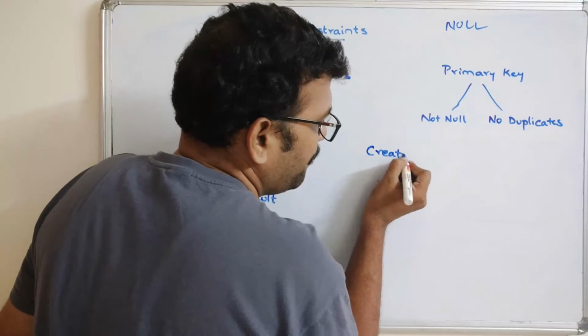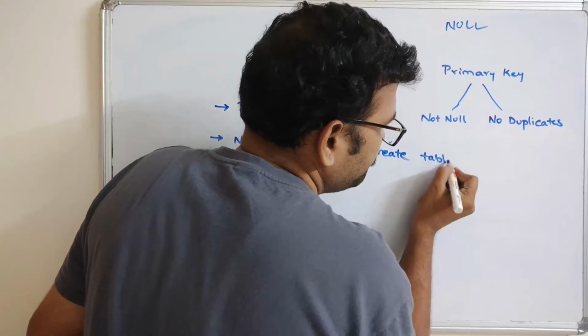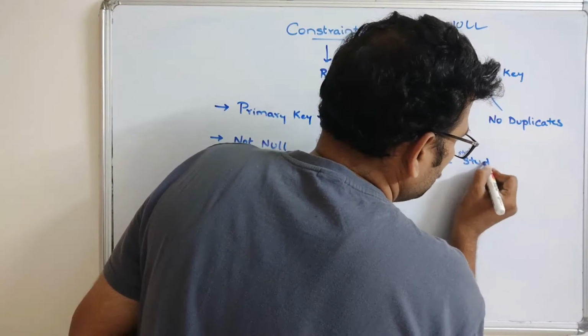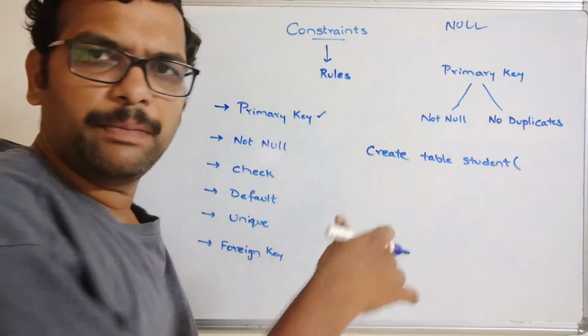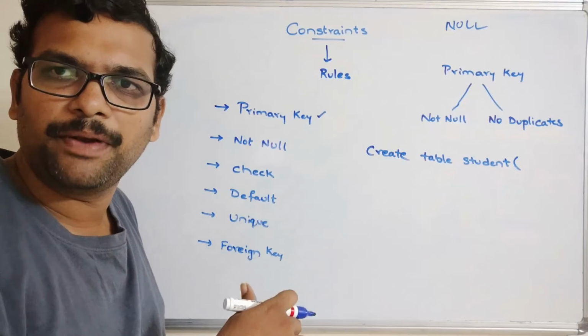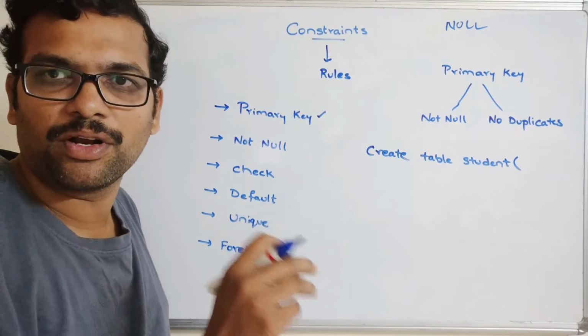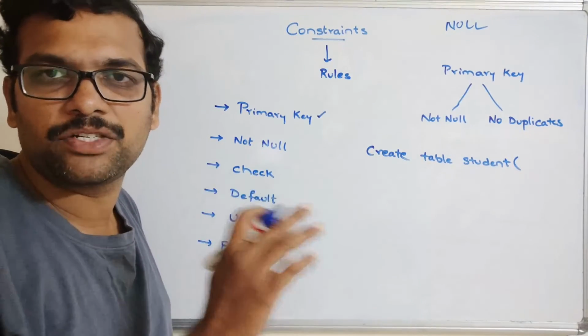Create table student. We can write the query in multiple lines unless you give the semicolon, because the semicolon is the termination of the query.